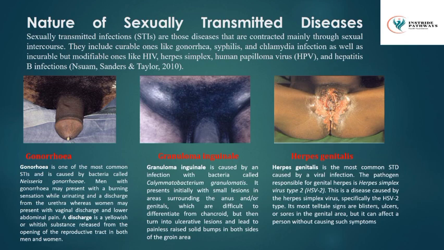This disease is caused by herpes simplex viruses. Mostly it shows as blisters, ulcers, and sores in the genital area, but it can also affect a person without causing such symptoms. You may not see some of these symptoms, but after a little time you may start experiencing pain within your genital areas.